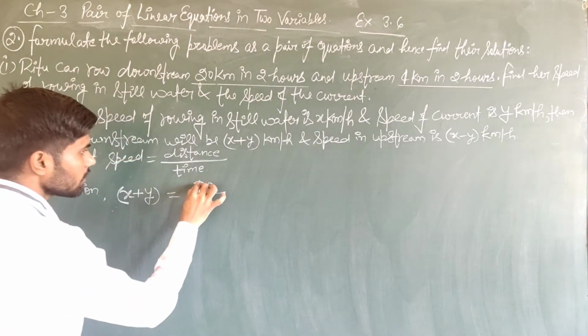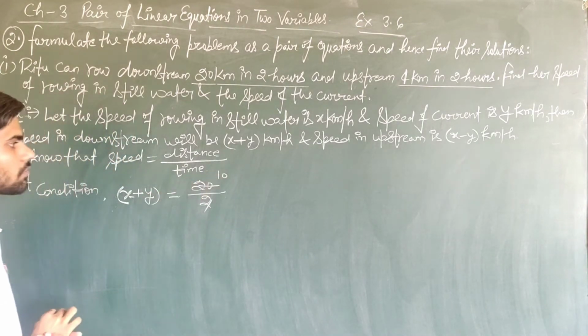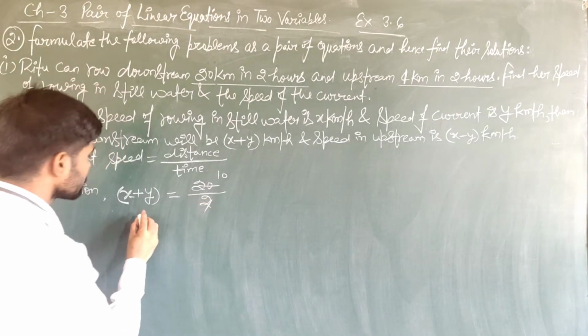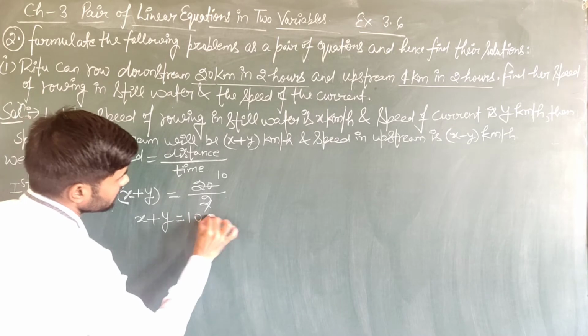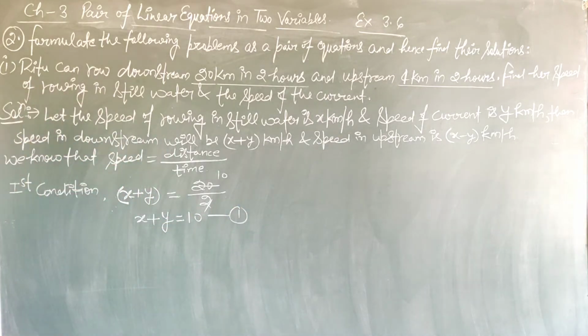We can cancel 2 times 10 is 20, so we can write x plus y is equal to 10. Suppose this is equation number first.